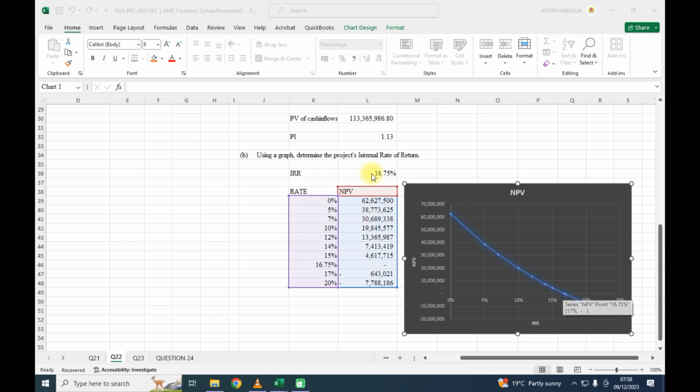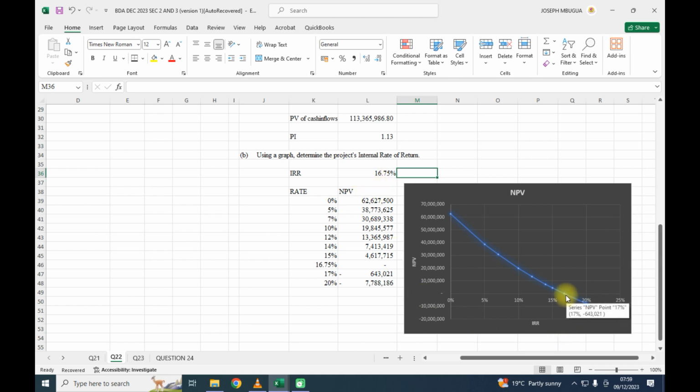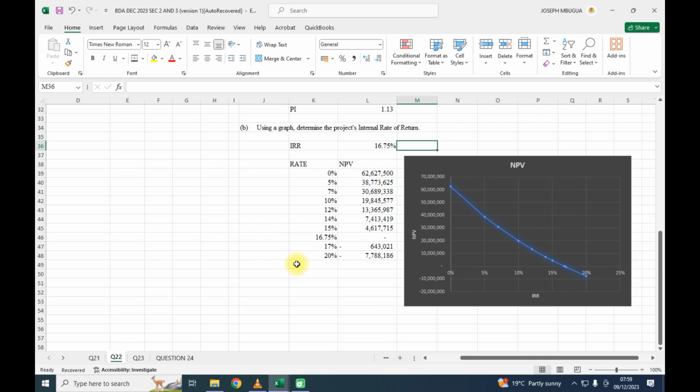So our IRR, when you look at this one, if you can round it off, here we have 2 points. First one is 17, that has a negative, and the second one is a rounded off figure, but still a 17, approximately 17%. And that is the graph that was supposed to be used there to determine the IRR.